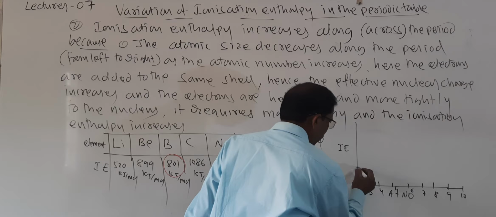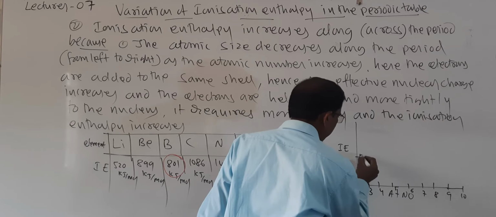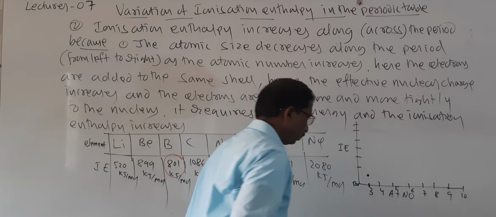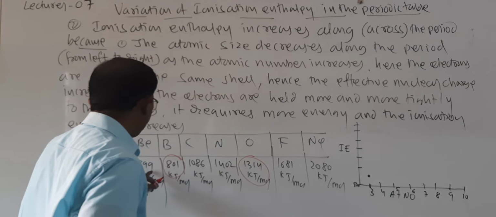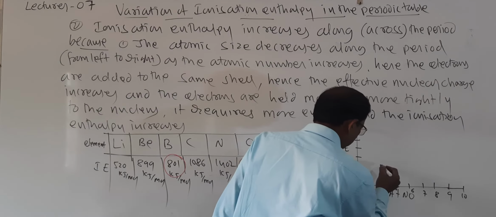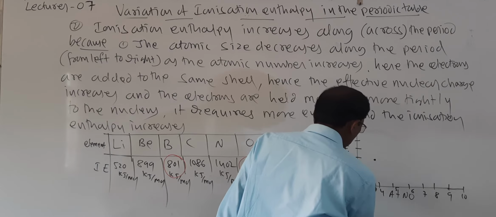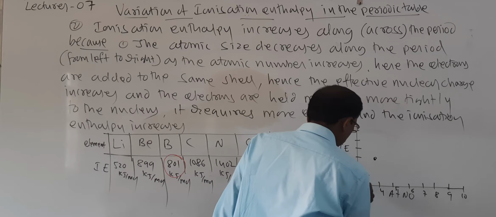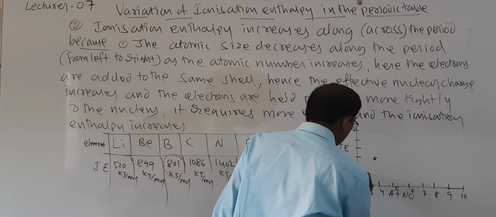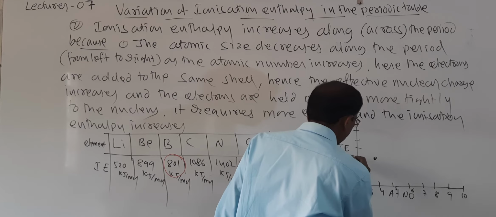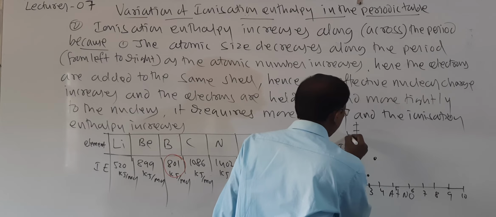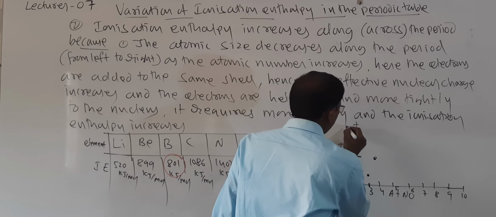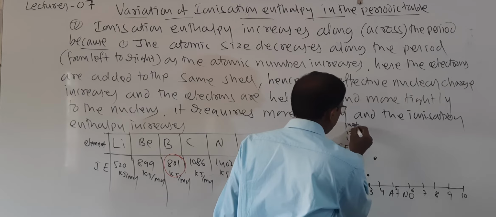If you move like this, 500, 600, 700, 800, 900, 1000, 1100, 1200, 1400, like this.